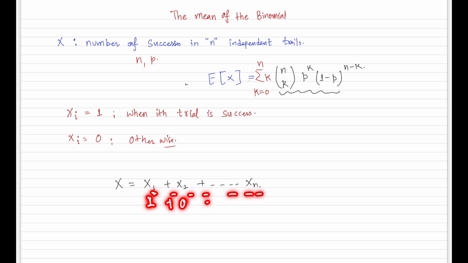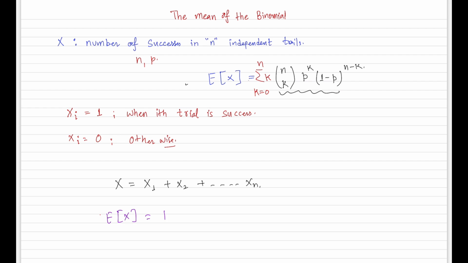If you add all these counts, whatever you got in the ith trial, this gives you the total number of successes in n trials. So we have simply split this complex random variable into simple random variables, and now we can use the linearity property to find the expectation of X.